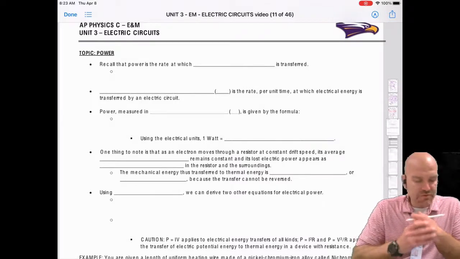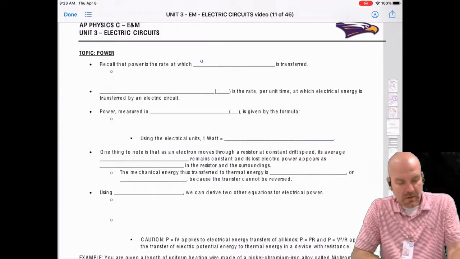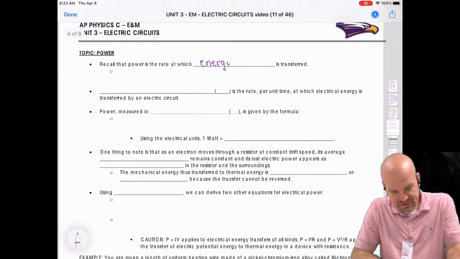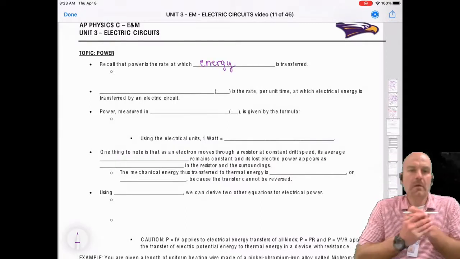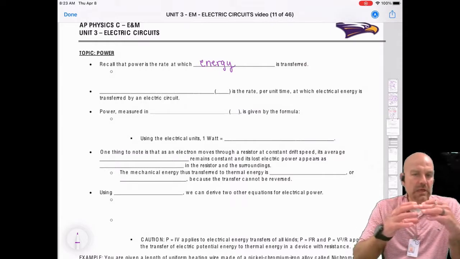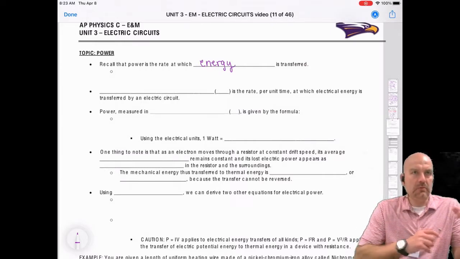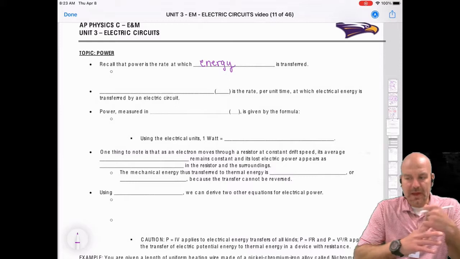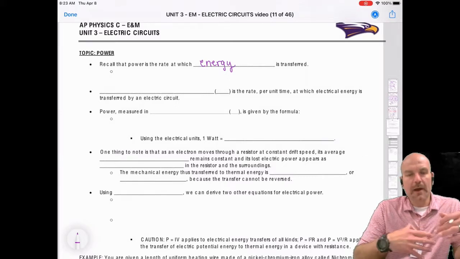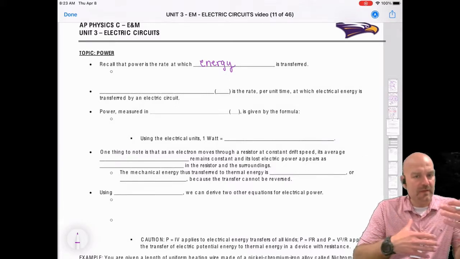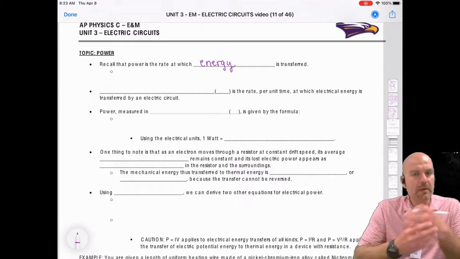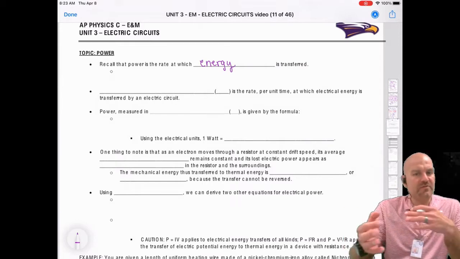Just remember that power is the rate at which energy is transferred. When we talked about it in the work energy power unit in mechanics, we said that power is work over time. But remember, work is a transfer of energy, right?